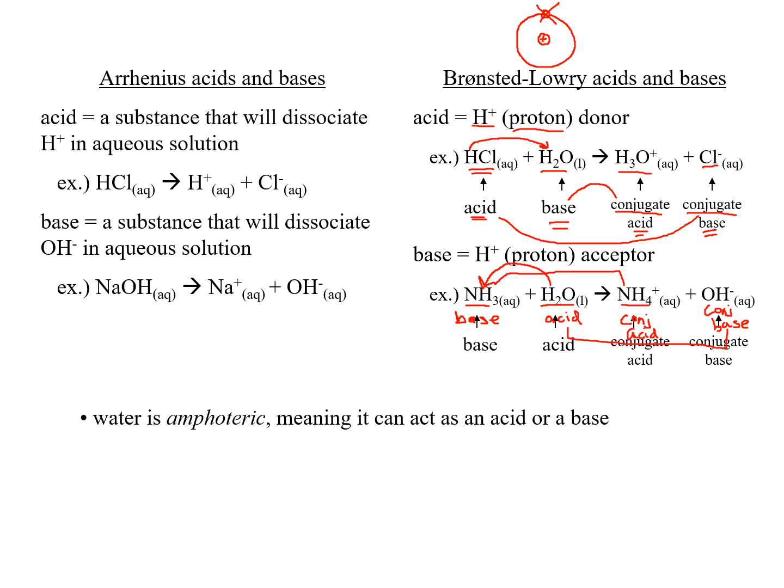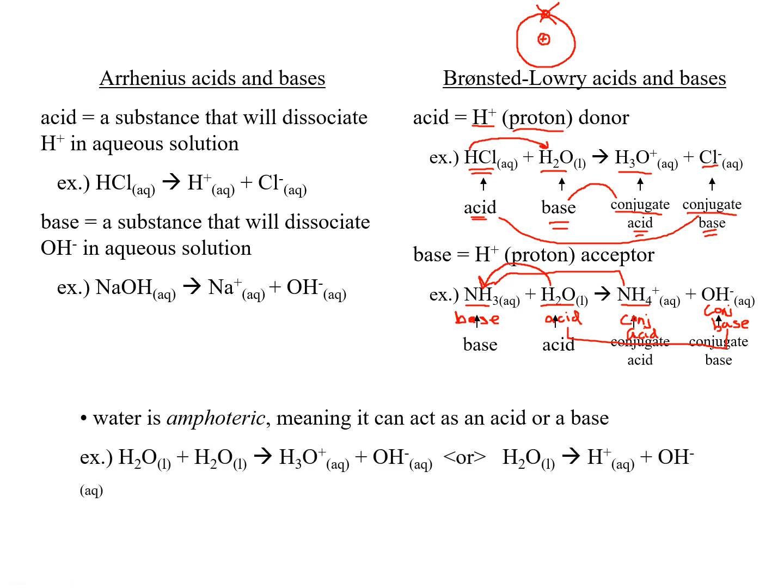There are other amphoteric things out there. So you notice what happens even if you just put water with other water. If I put water with water, what does that mean? That means if I just have a glass or a beaker or a jug or whatever, or an ocean full of water, one water molecule and another water molecule will eventually donate, right?